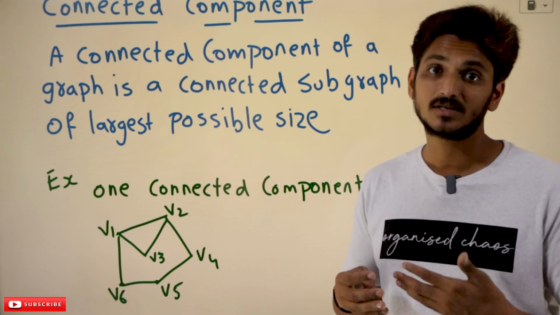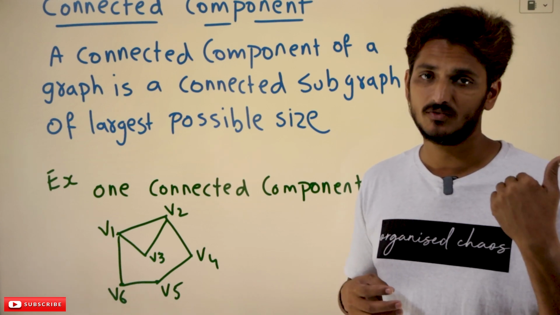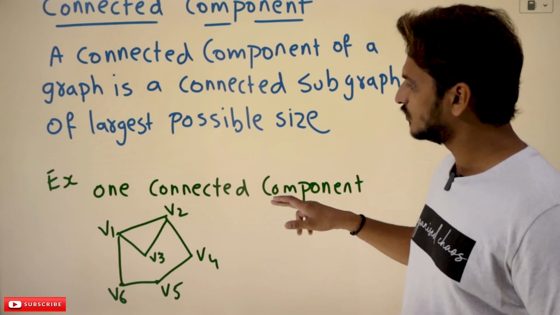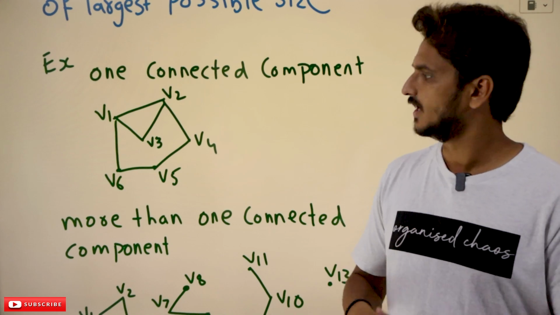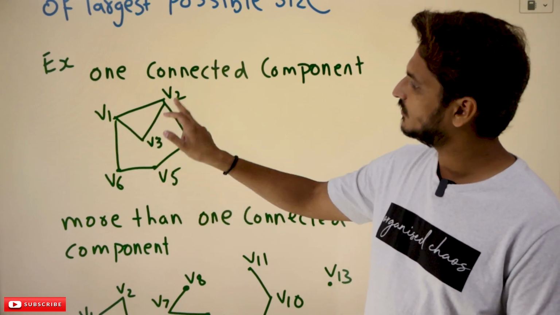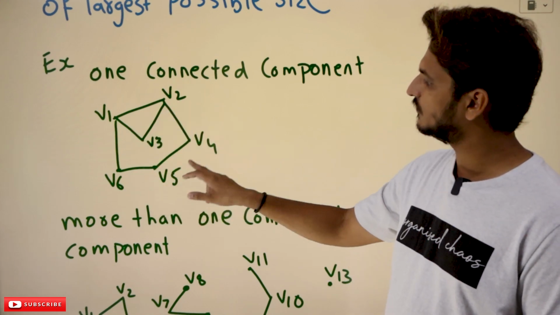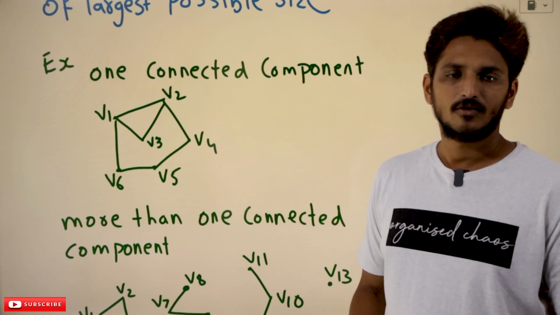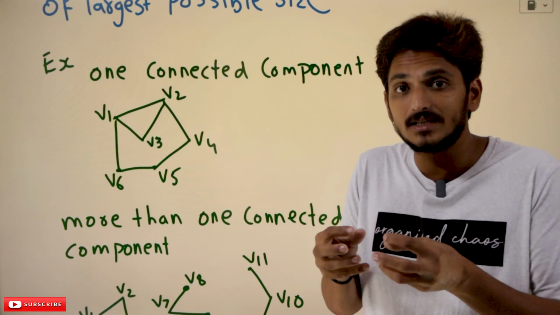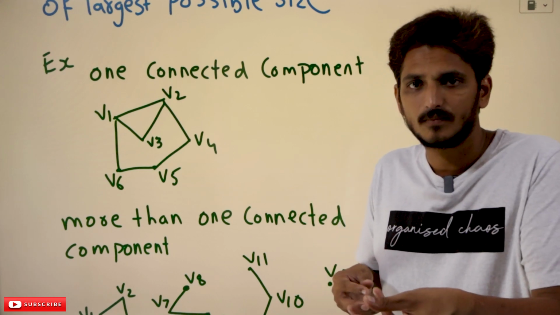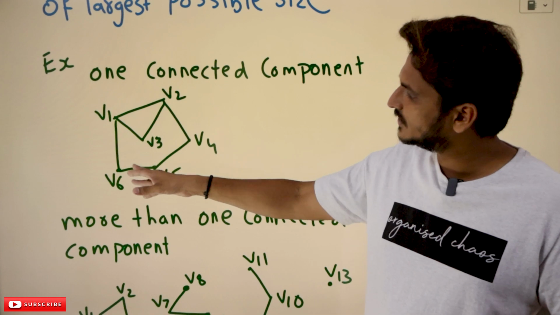What is meant by subgraph? We already discussed in our previous classes. Now let's take an example. This is the graph V1, V2, V3, V6, V4, V5. From this, we need to take the largest possible connected subgraph. All the vertices are connected.